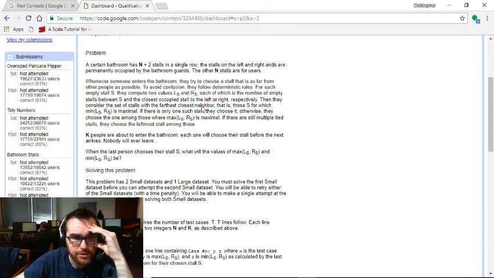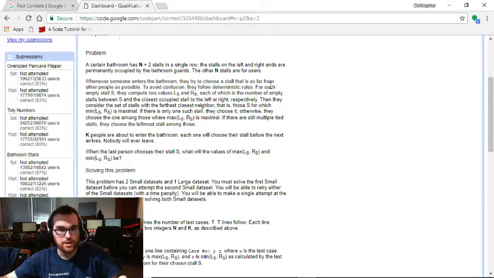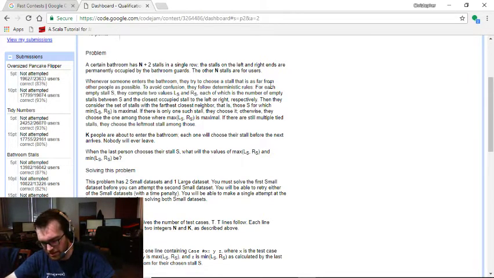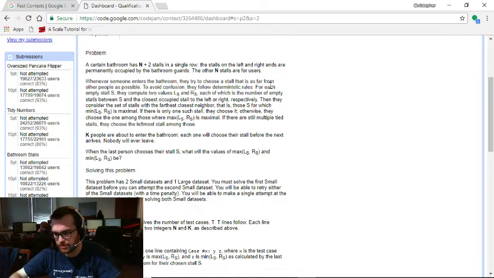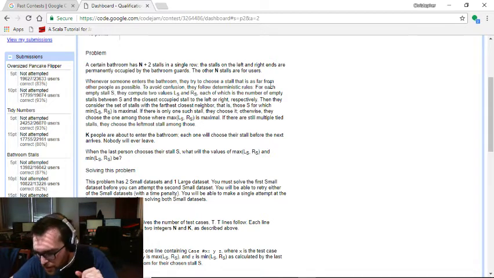They choose the stall with the farthest closest neighbors, that is, those for which the minimum of LSS and RSS is maximal. If there's only one, they choose it. Otherwise, they choose the one among those where max of LSS and RSS is maximal. Okay, so if the minimum is the same, they go to the one that is further away. Makes sense.